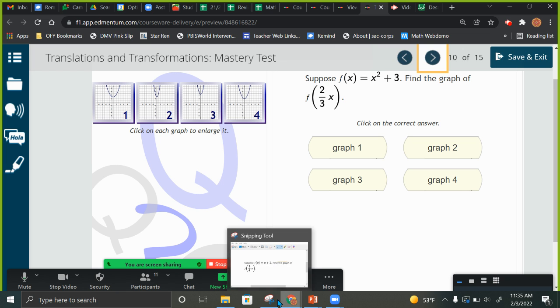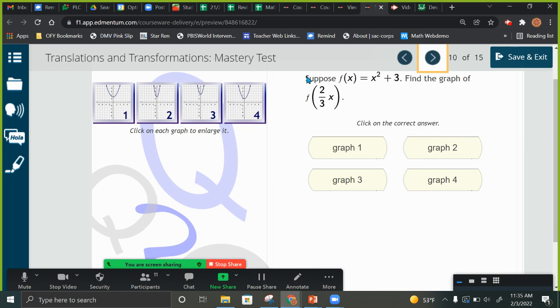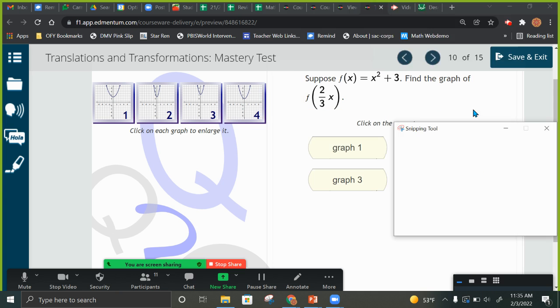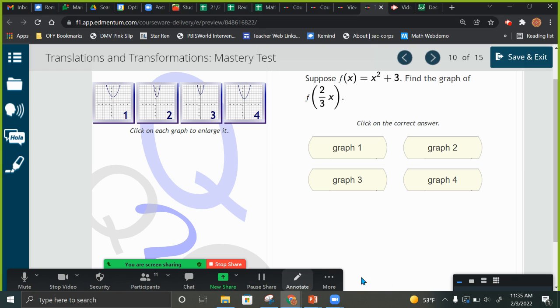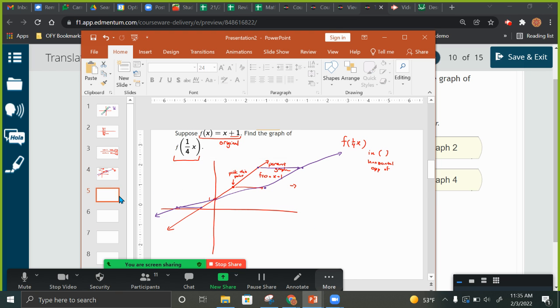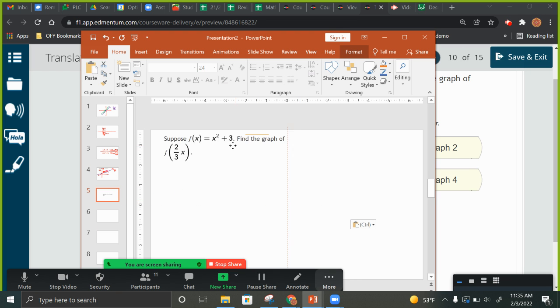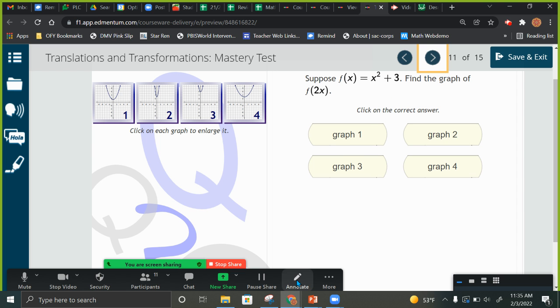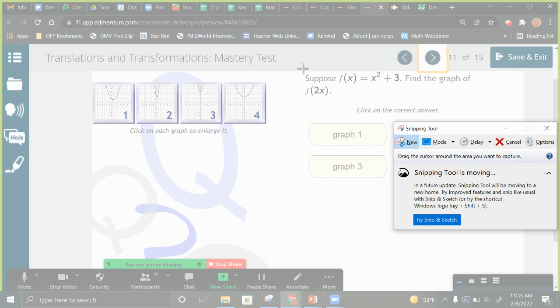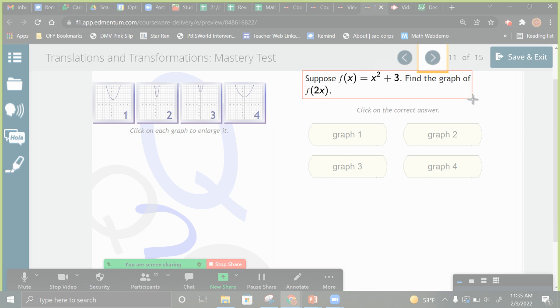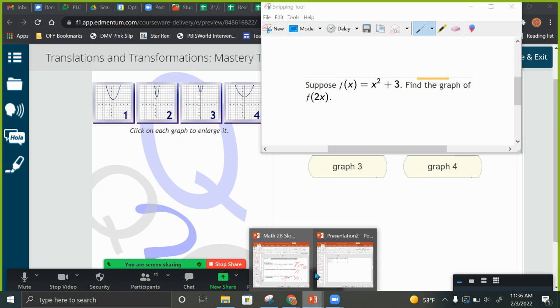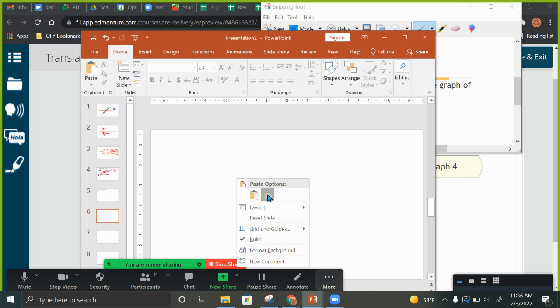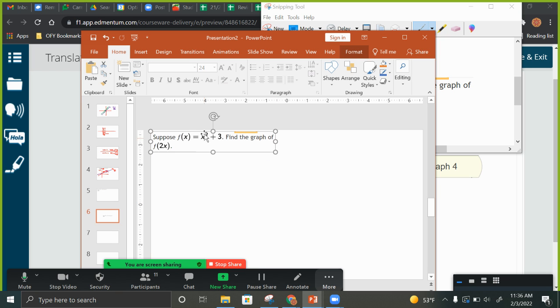Here we go. In fact, I'm just going to take another one too while I'm here. We'll do both of them. Okay, so here's 2 more to do.